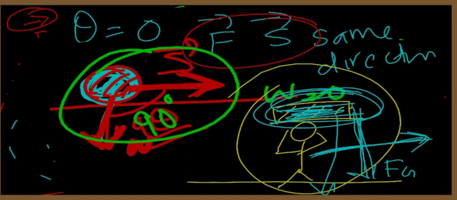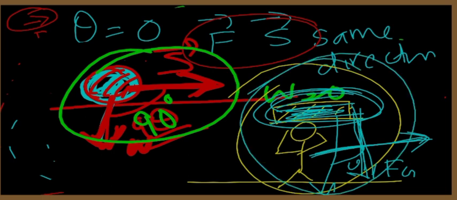Since both of them are mutually perpendicular, we can say that work done by the force of gravity or against gravity on the box is 0.